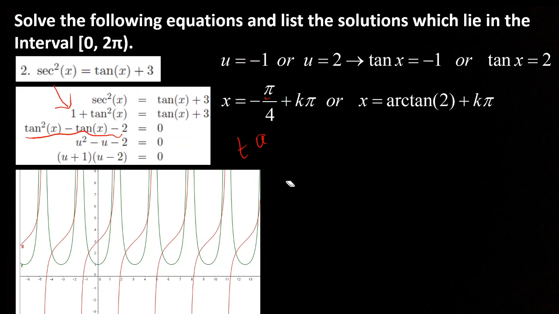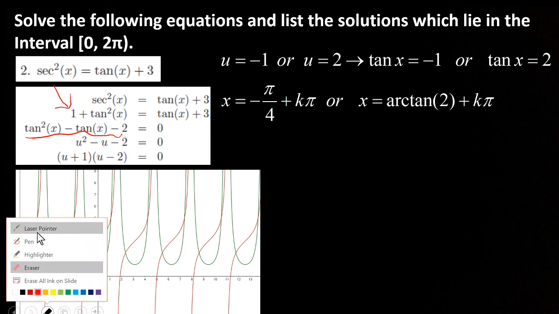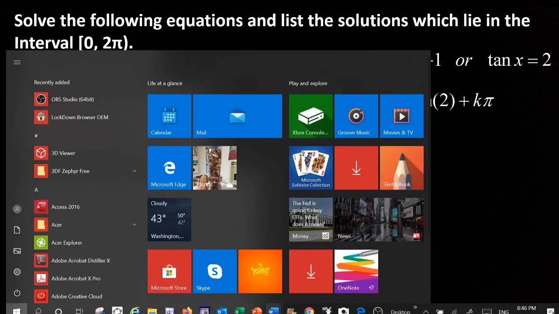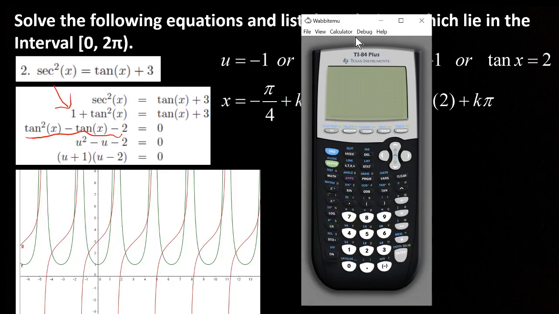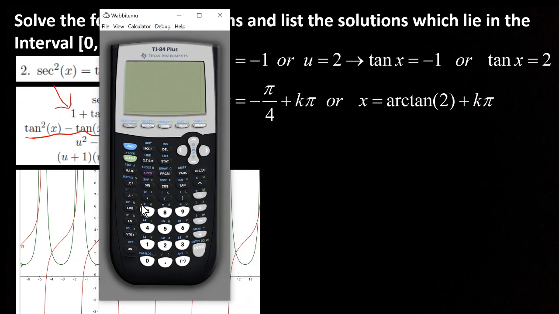Now, when is tangent -1? Well, you should know, but again, calculator is your best friend here. So we're still in degree mode. So we go tangent inverse of -1 is 45 degrees, and tangent inverse of 2 is some 63 something.